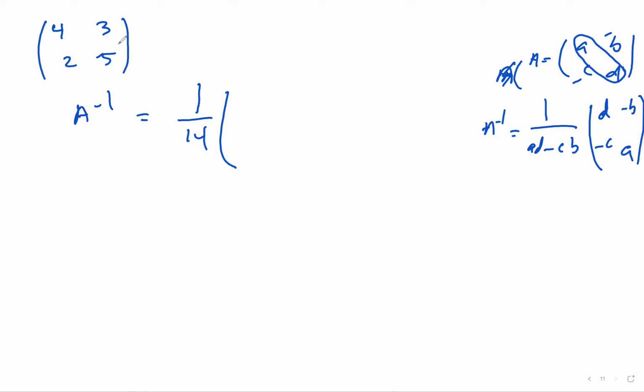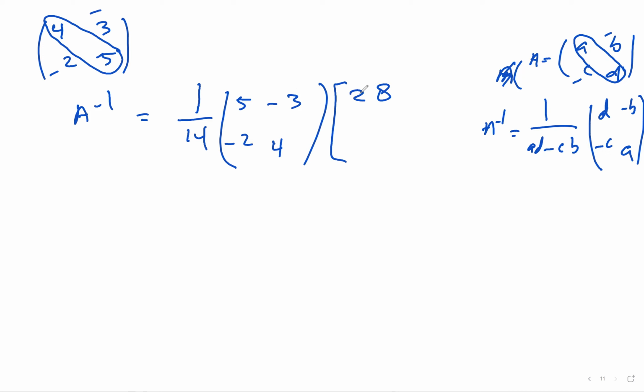So what we do is we flip those two and change the sign of those two. So we put 5 here and 4 here, minus 3, minus 2. That's what we do, and then that's multiplied by 28 and 42.